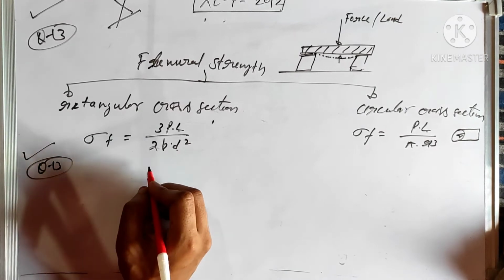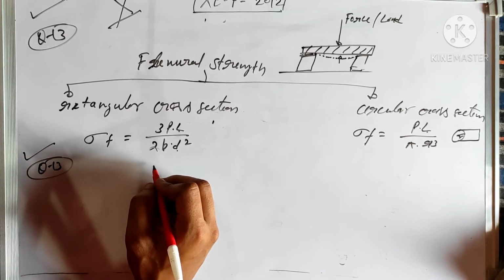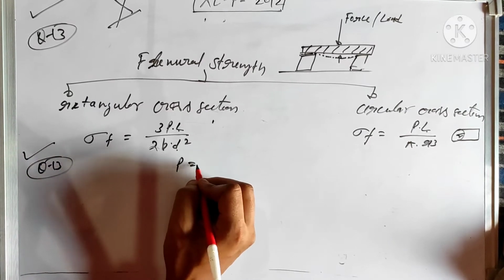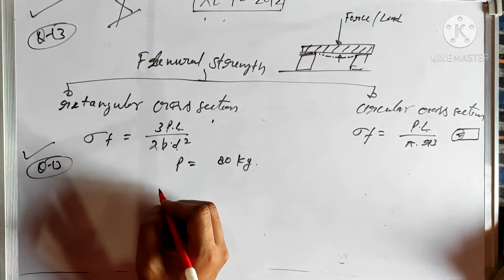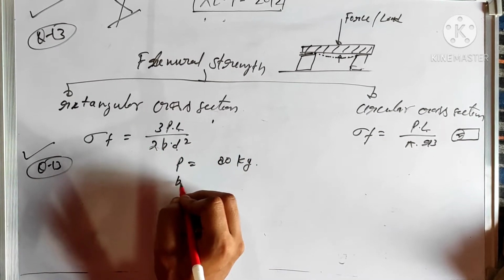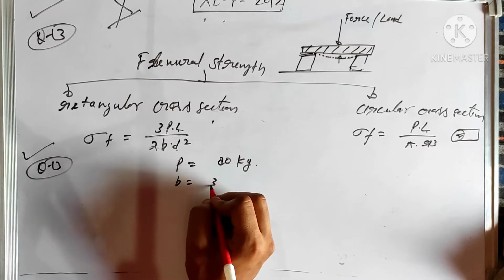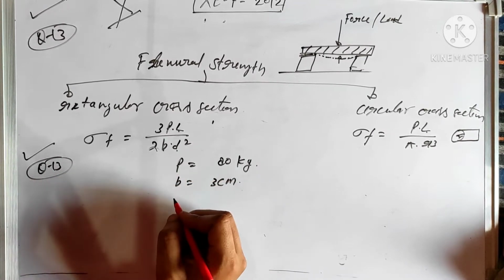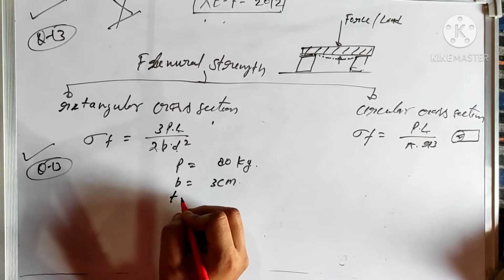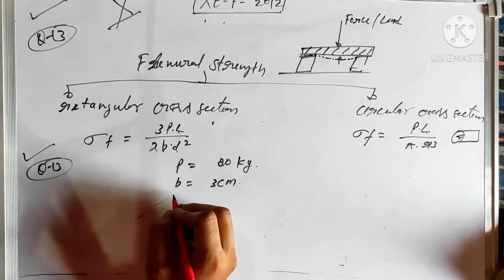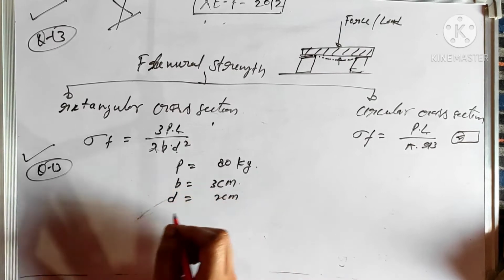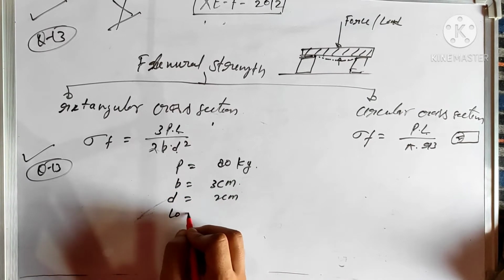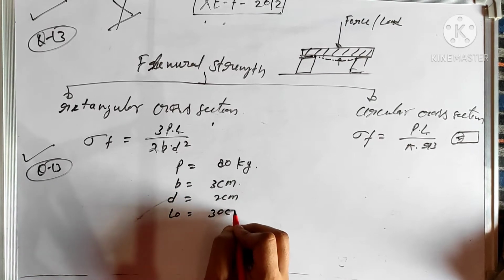Given that the applied load at the midpoint of the specimen P is equal to 80 kg, the width of the specimen B is equal to 3 centimeter, the depth or thickness of the specimen D is equal to 2 centimeter, and the length of the specimen L naught is equal to 30 centimeter.